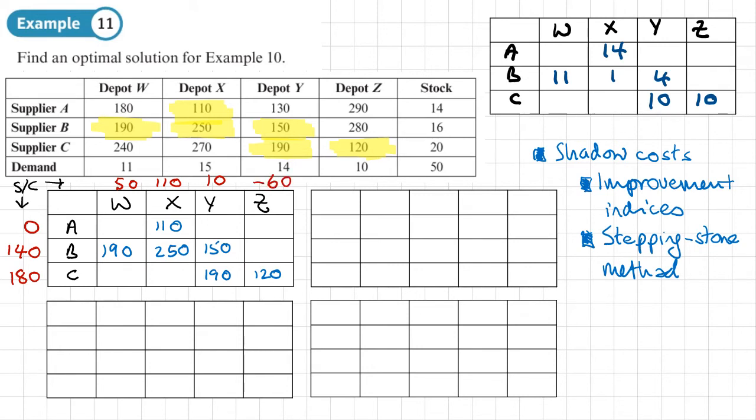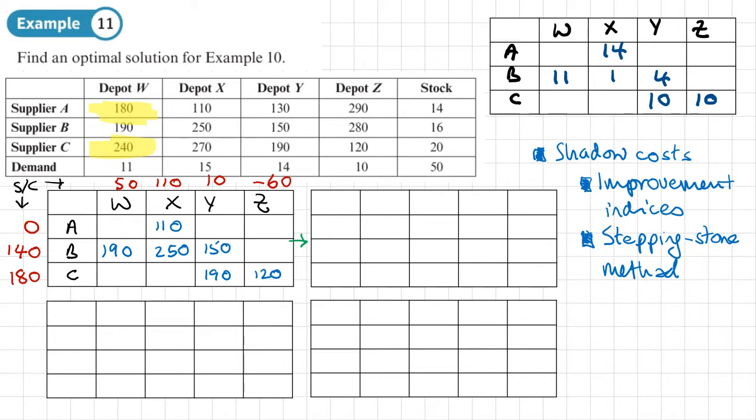Next step is to find the improvement indices. Remember, to find the improvement indices, I now look at the costs of the unused cells. So let's highlight those. It's basically going to be the opposite of those ones. So it's going to be this cell here that's unused, and so is this one. So I'm looking at the unused cells from my shadow cost table there.